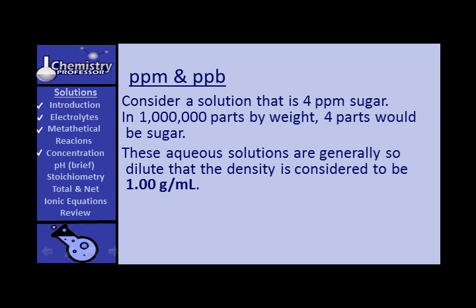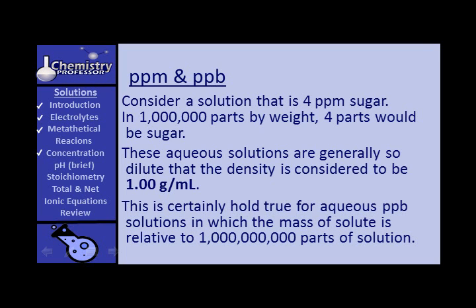So the key to knowing how to work these is to remember you may use the density as being the density of water. And that certainly holds true for parts per billion, in which the mass of solute is relative to a billion parts of solution, even more dilute.